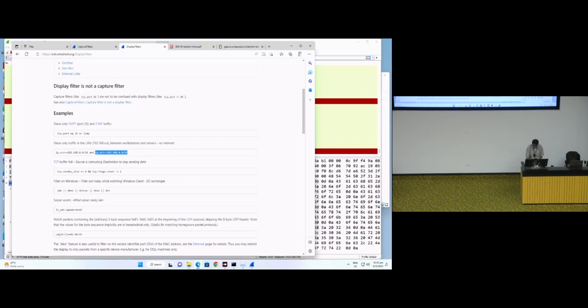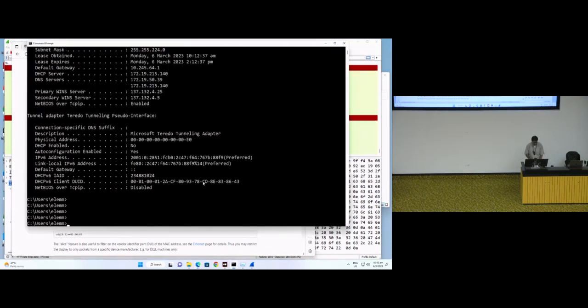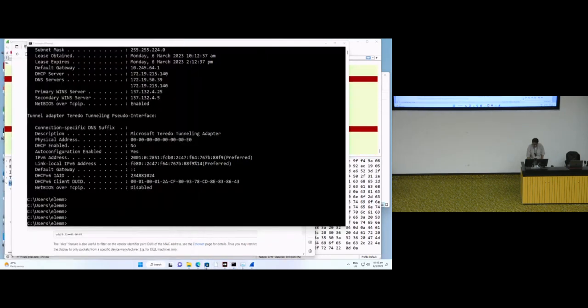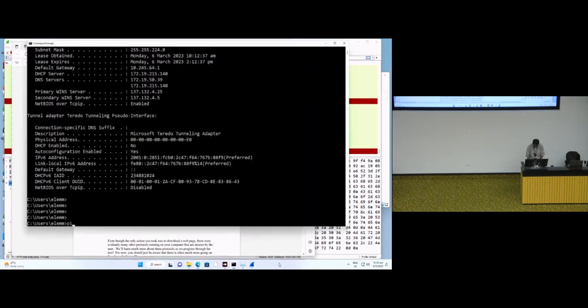Let's figure this out. So again, we'll come here. Okay, Windows. What was the address? The address was gaia.cs.umass.edu.